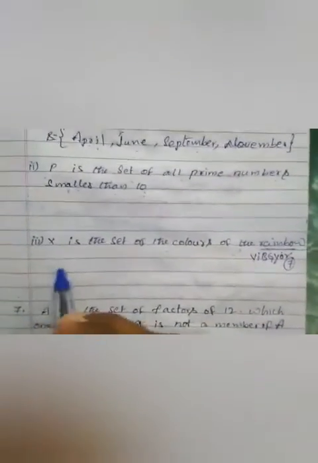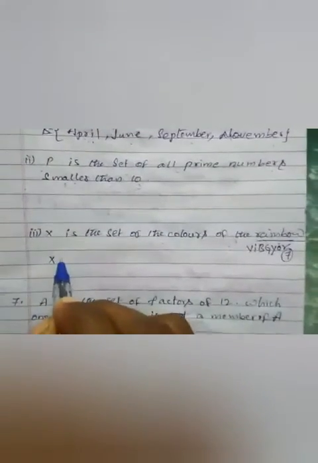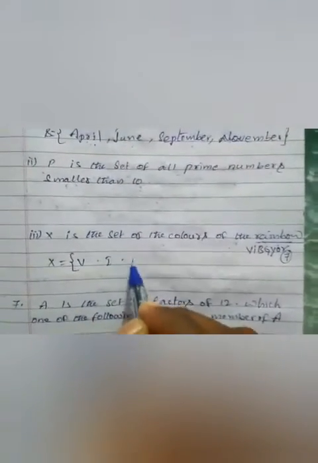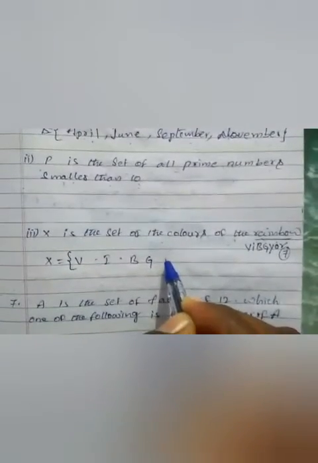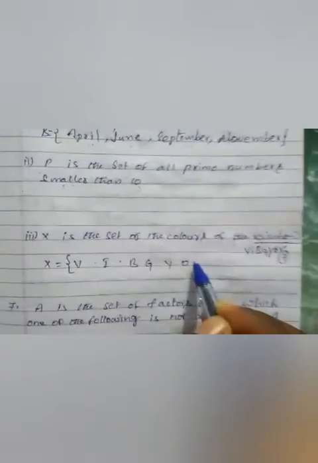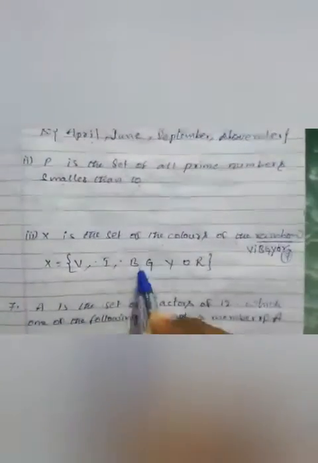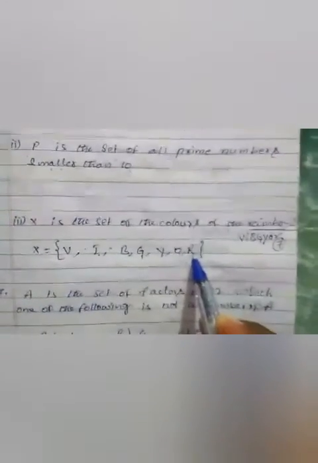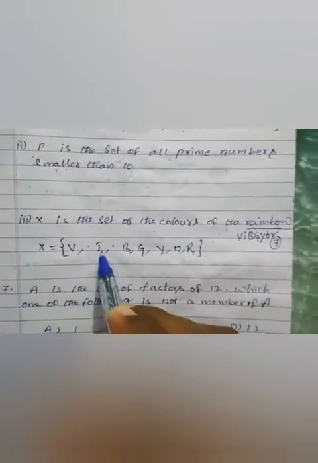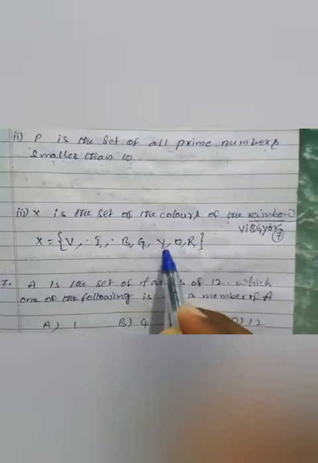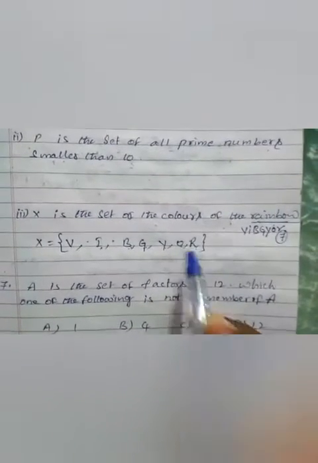So now we write like this: X is equal to, in roster form, V, I, B, G, Y, O, R. Let me explain: V means violet, I means indigo, B means blue, G means green, Y means yellow, O means orange, R for red. You write all the spellings.